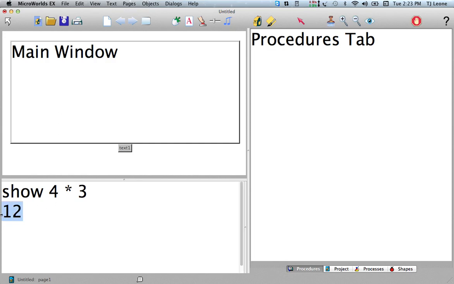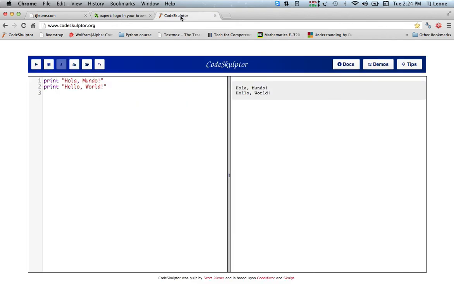And we have division, right? So these are more or less the same in Code Sculptor. Let's take a look real quick here.